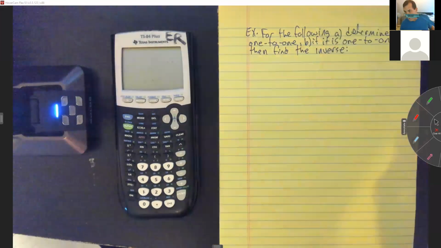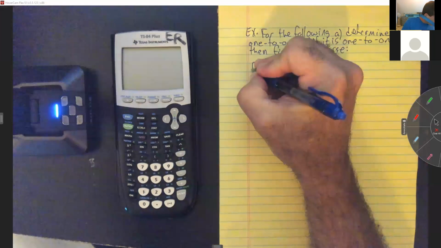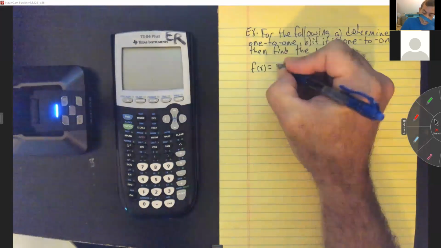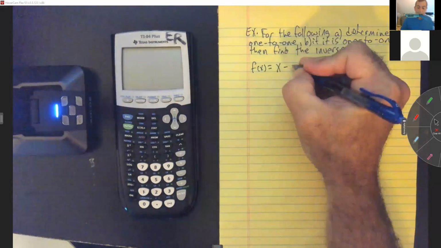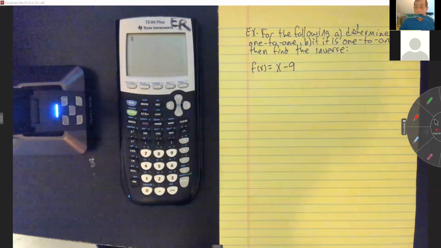So this is the kind of question that we like to put on our final exam, okay? So the first one they're giving me is f of x equals x minus 9. Now, the easiest way to do these graphs and check if they're 1-to-1 is just to plot them on your calculator.